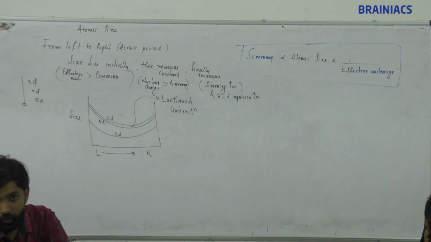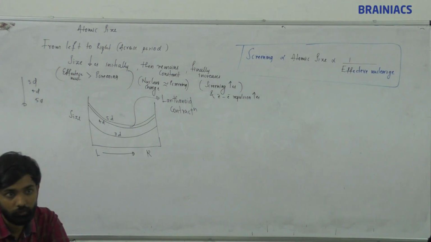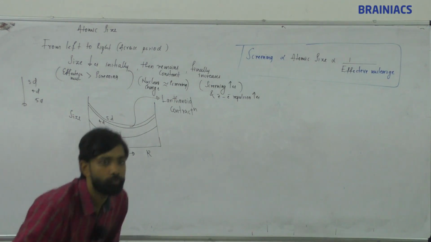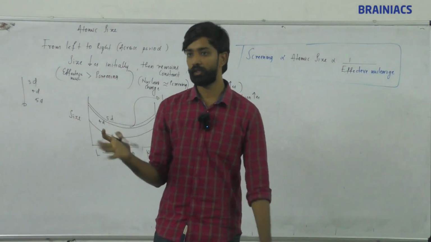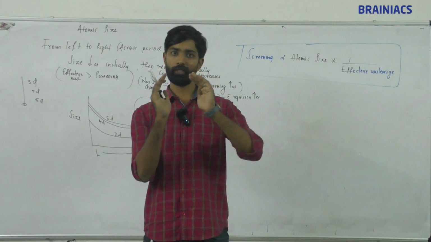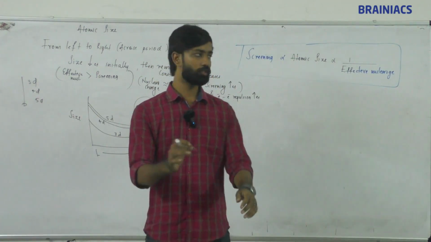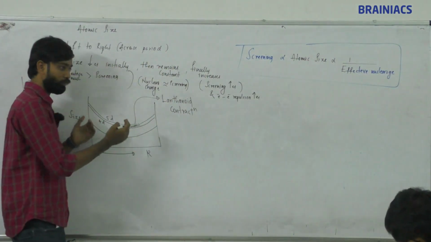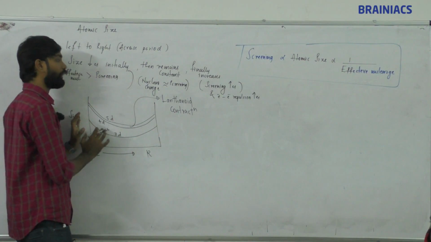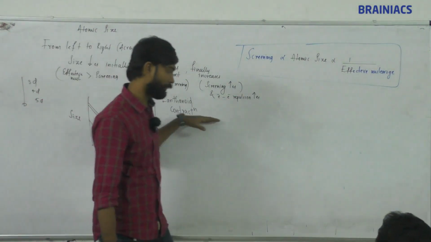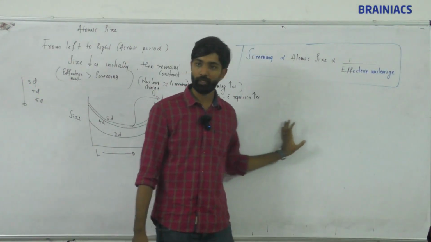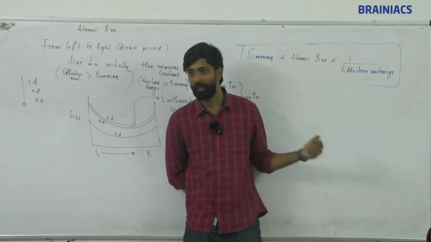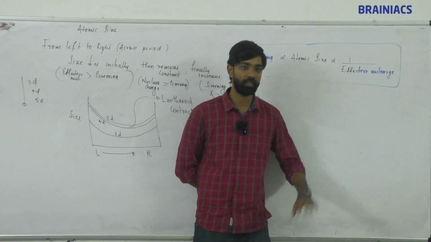Here also it increases, but not by much. Ionization energy depends on size, nuclear charge, screening, or simply nearly size. Normally from left to right the size is gradually decreasing, so it is difficult to remove an electron from that atom, which means ionization energy increases.